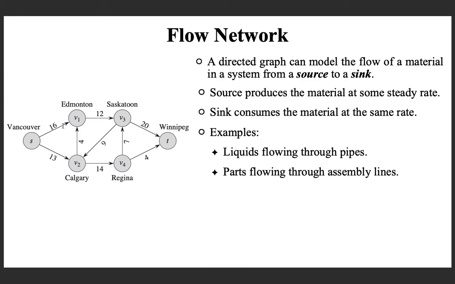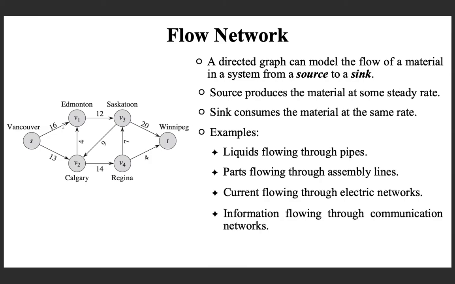Or it can be parts flowing through assembly lines in a manufacturing company, or it could be electric current flowing through electric networks, or coming to a computer network, it could be information flowing through a communication network, maybe 16 units of data. One unit can be some megabits or something like that. So these are examples. I think with these examples it makes sense.